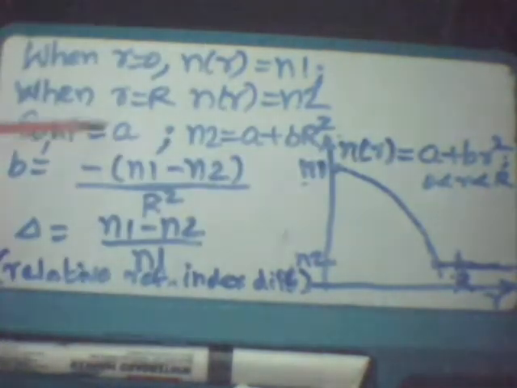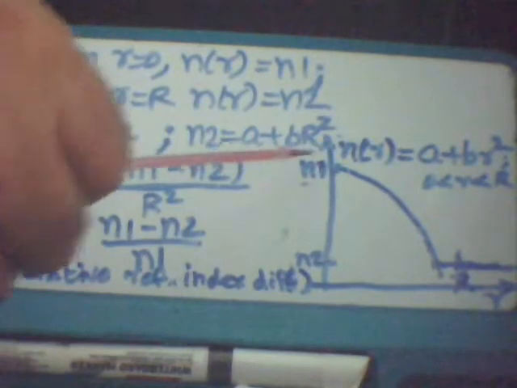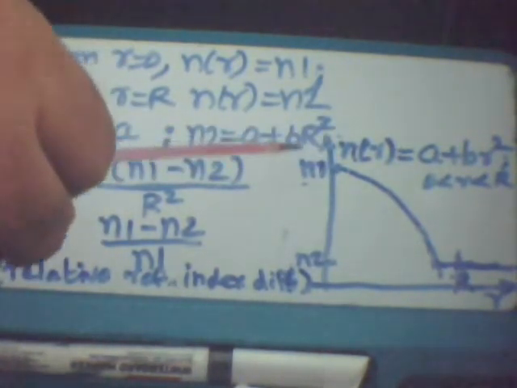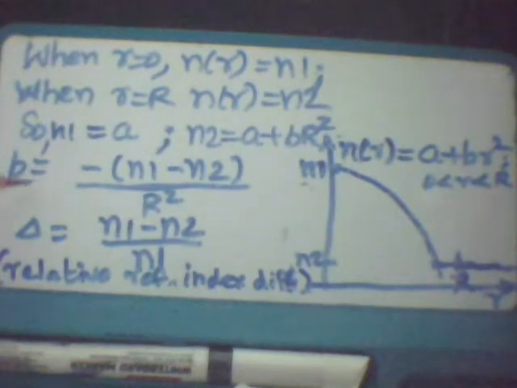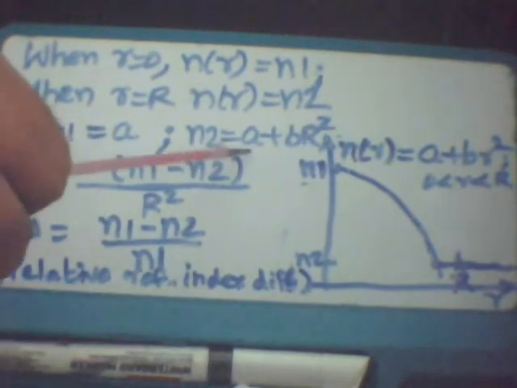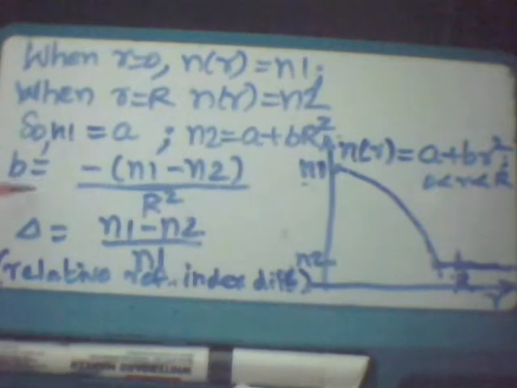A is actually n1, and we can find b by simple rearrangement and substitution. n2 is actually a plus b R squared, and we can find that b is equal to n2 minus n1 by R squared. So substitute a equal to n1 here. So we can find that b is equal to minus of n1 minus n2 by R squared.